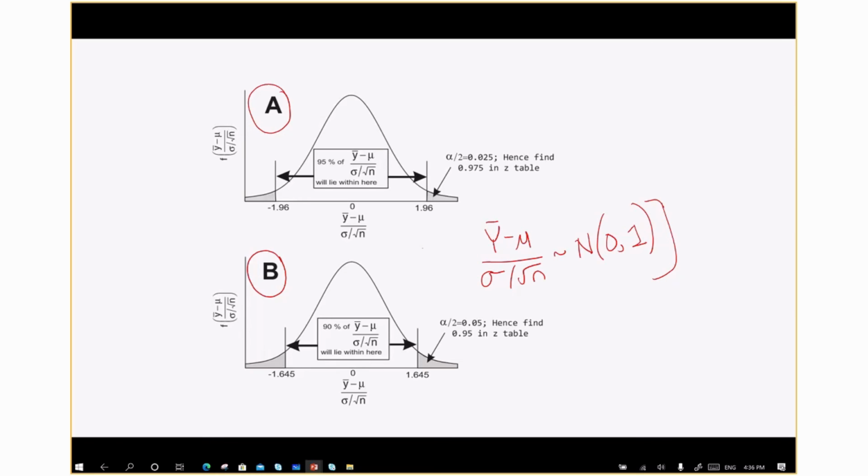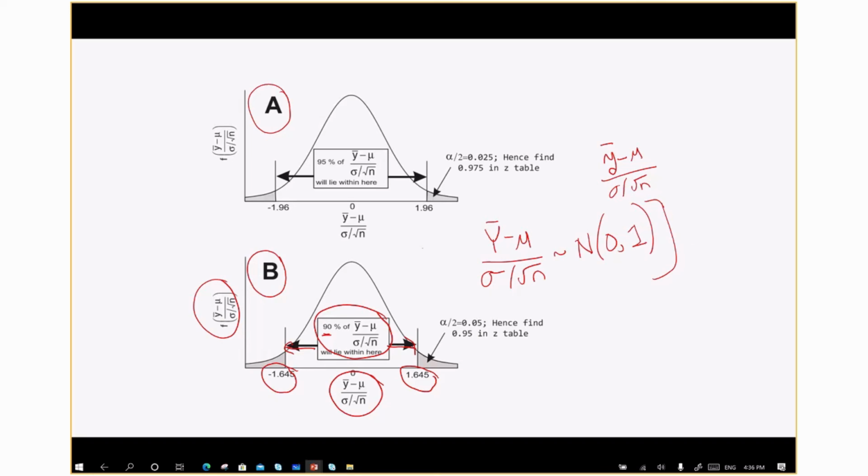This means if we consider every possible value of lowercase y bar minus mu over sigma root n, this would be the appropriate probability density function. We saw from the Z table that if we have a Z value of 1.645 here and minus 1.645 there, 90% of the values lie within here. So we can say that 90% of the y bar minus mu over sigma divided by root n are going to lie in this range.